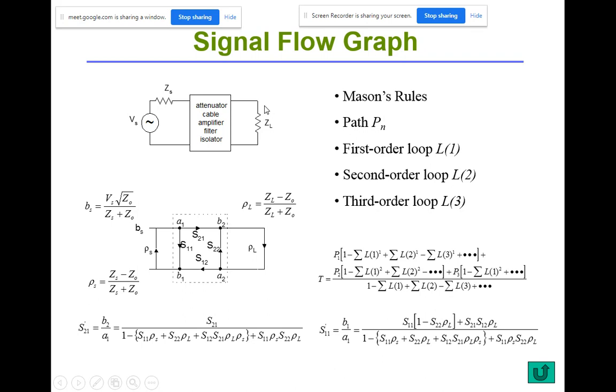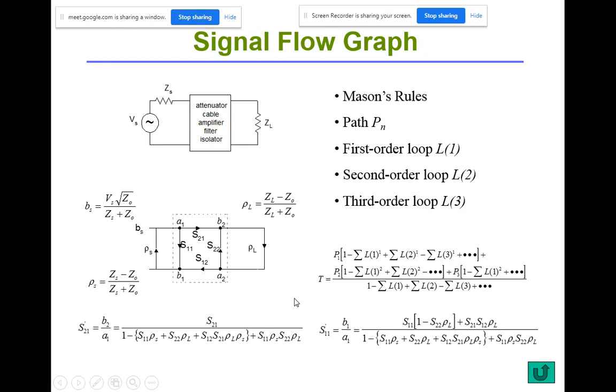We are considering the case that we have the first block here, and there is a second block, which we don't assume is an impedance match. So there is a cascade of one block to the next block. So what is the overall S matrix? That is what we want to know.